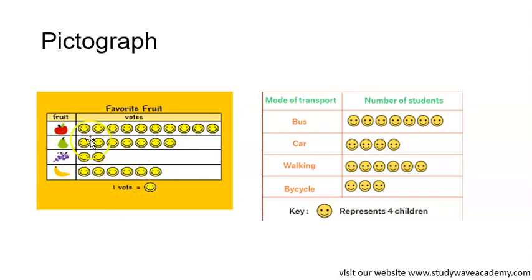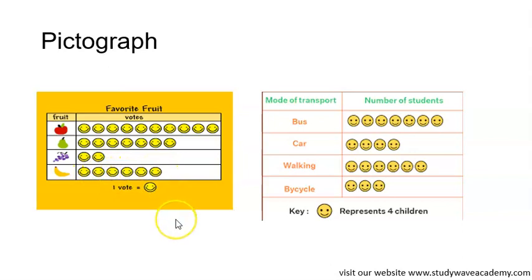How many persons picked apple? 1, 2, 3, 4, 5, 6, 7, 8, 9, 10. 10 persons picked apple. How many persons picked mango? 1, 2, 3, 4, 5, 6, 7. 7 persons picked mango. How many persons picked grape? 1, 2. 2 persons picked grapes. How many persons picked banana? 1, 2, 3, 4, 5, 6.